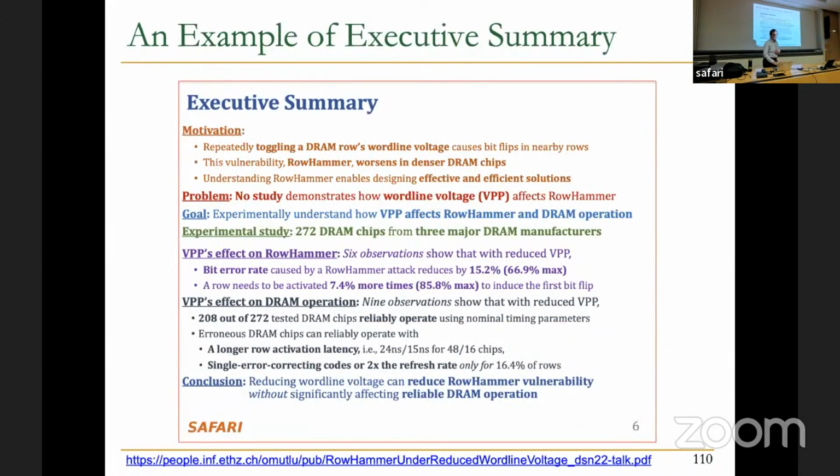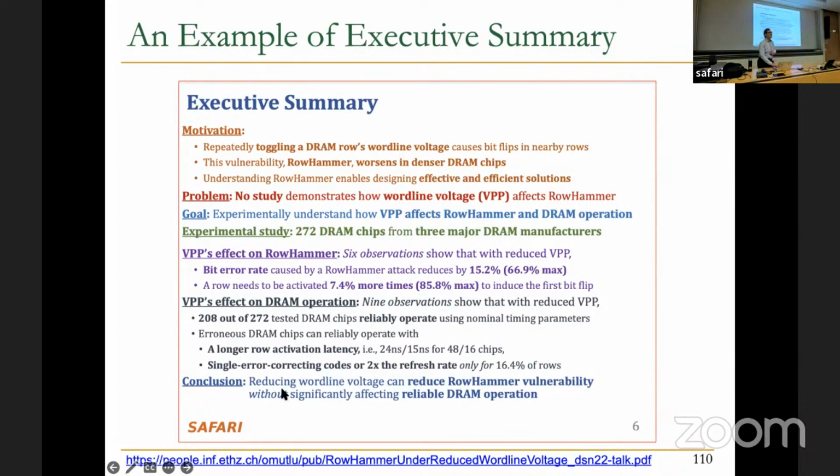Okay, this is one example of an executive summary from one of Giray's talks. Giray is somewhere over there, or did he escape? Okay, he's there behind the light that I cannot see. Again, I'm not going to go through this in detail, but you can find that this is a nice summary that talks about the motivation and goal of the paper, and the problem that is being studied, and basically some detail about the experimental study to achieve that goal, and then some conclusions in the end, right?